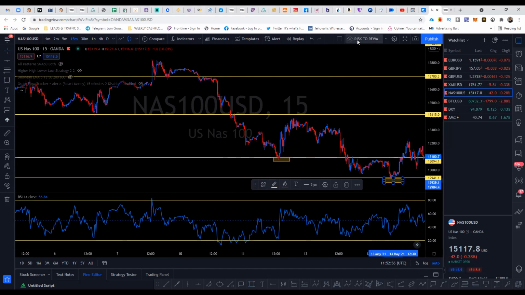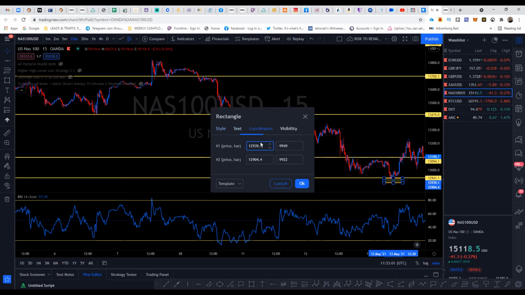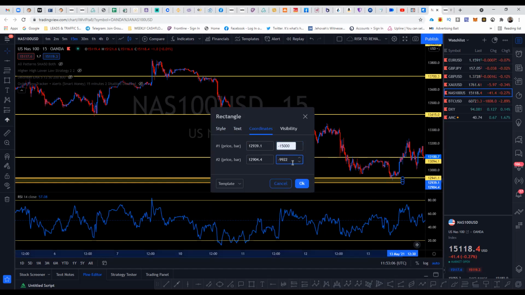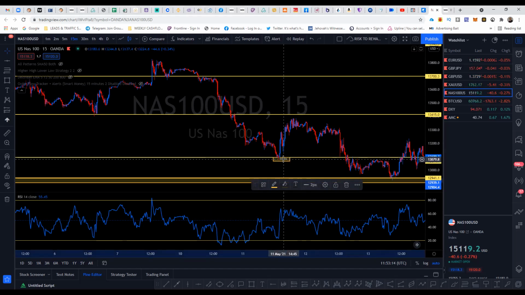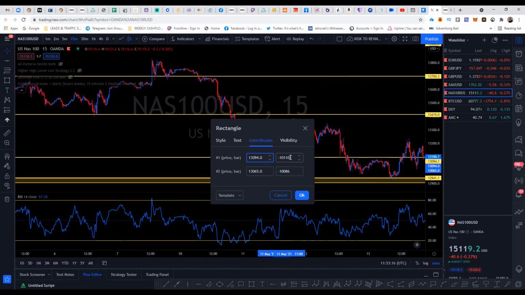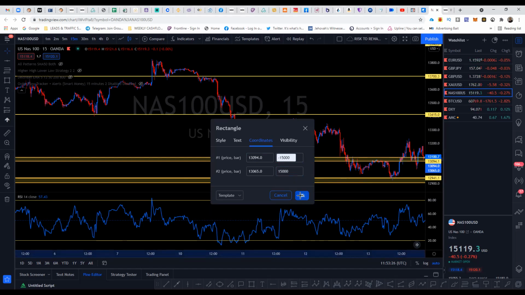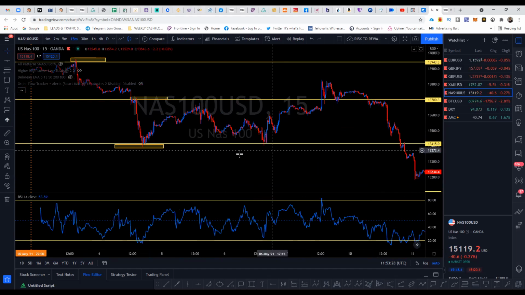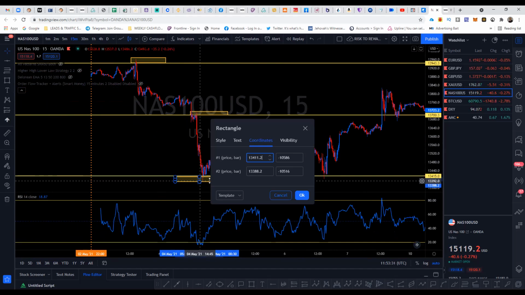All right, so now let's change these coordinates here so we can stretch price all the way out. Then we're going to move to the 30-minute. I'm going to do the same with these.